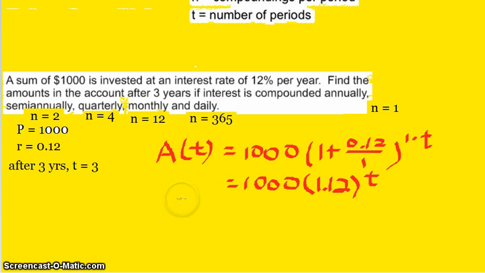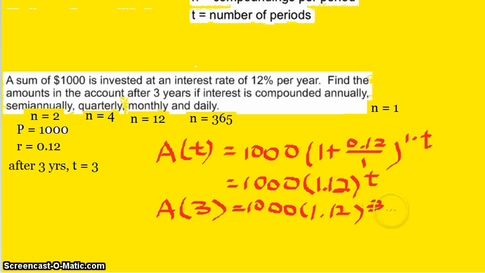And if they want us to find how much money I am going to have after 3 years, that's when I substitute t is equal to 3 and put that in your calculator. You should get something around 1404.93, something like that. That's what I have in my calculator.